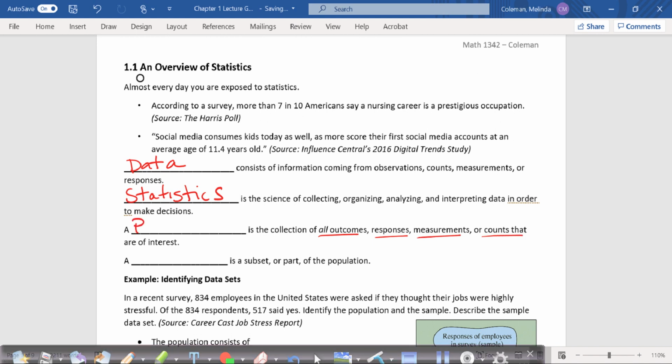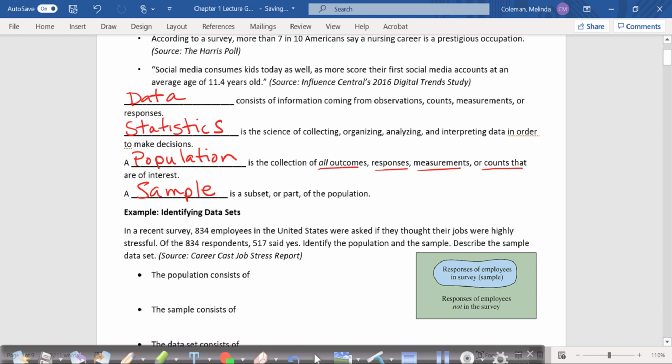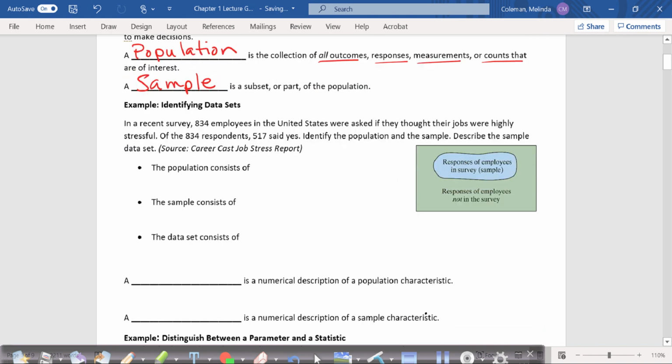A sample is just a subset or part of the population. Oftentimes we won't know the entire population, or we won't be able to ask the entire population, so instead we'll have to use just a sample of the population.